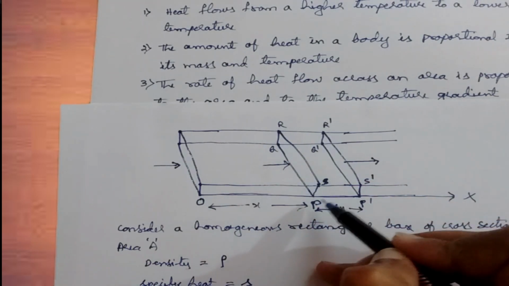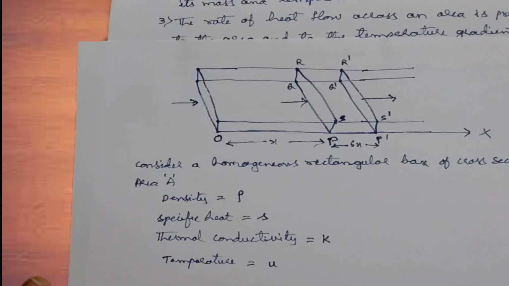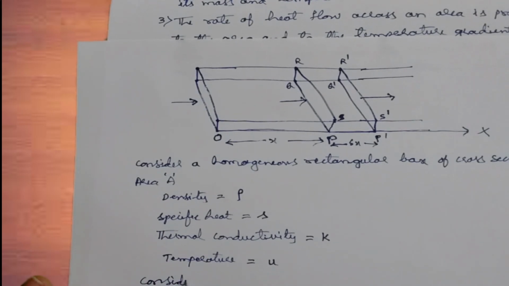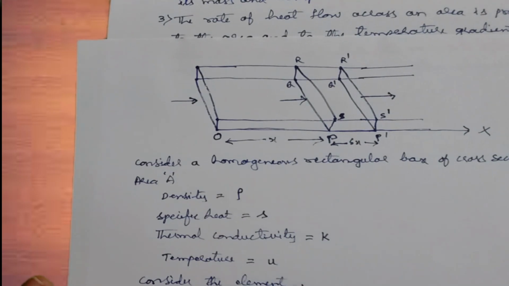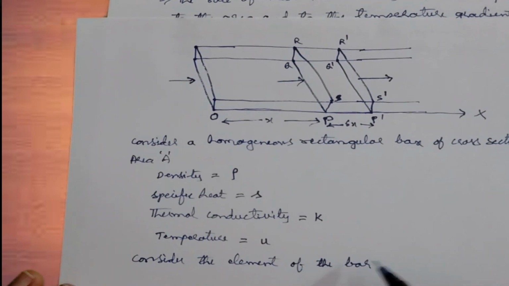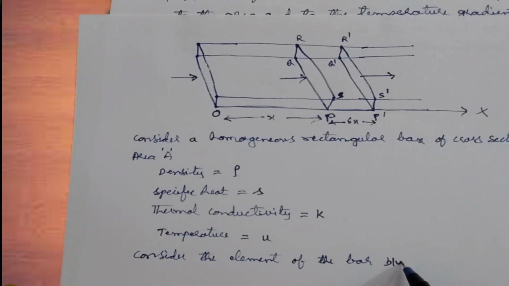So the cross-sectional area over here is P, Q, R and S. So consider the element of the bar between the planes.